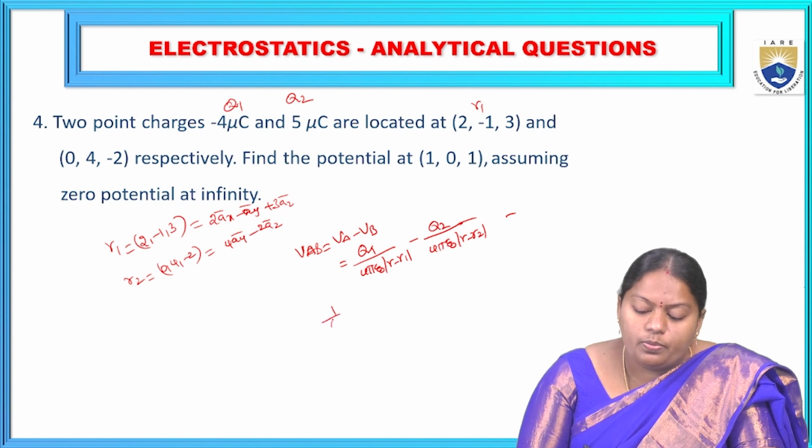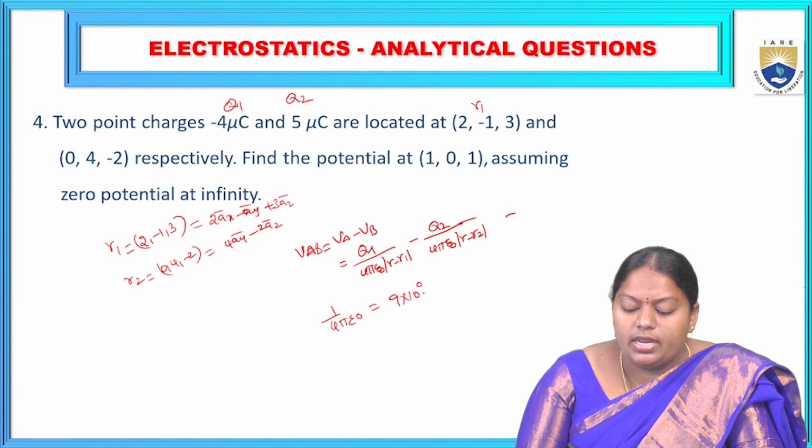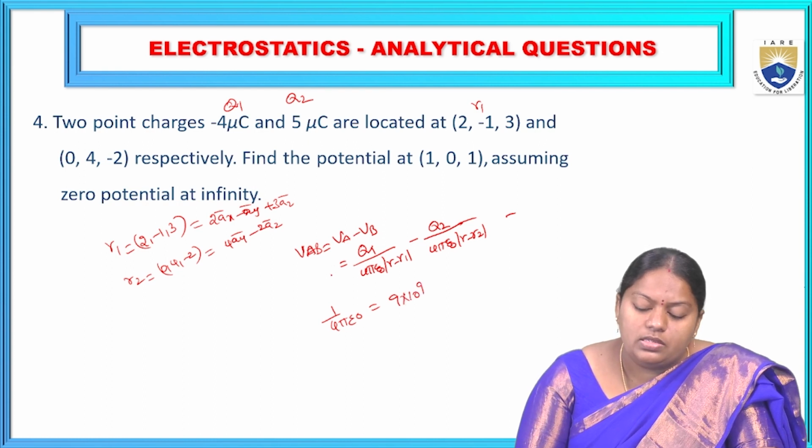We know that 1 by 4 pi epsilon naught is 9 into 10 power 9. Substitute everything in this equation and the potential is obtained, generally measured in volts.